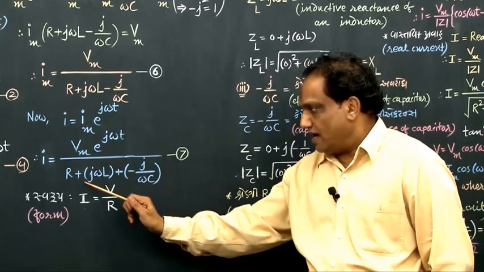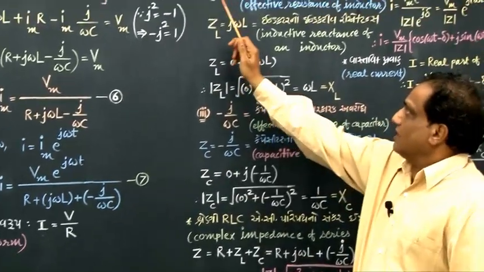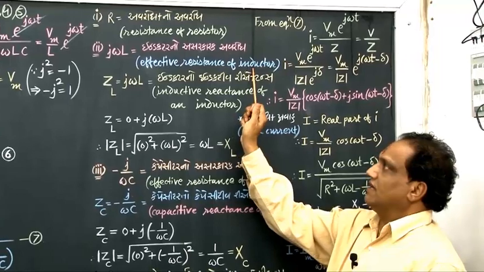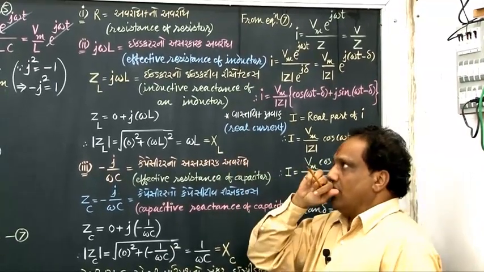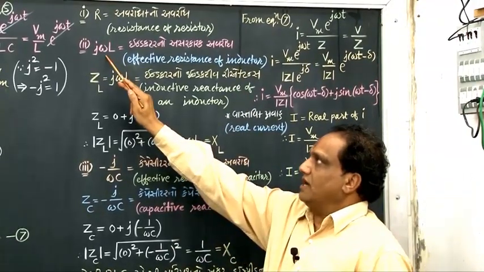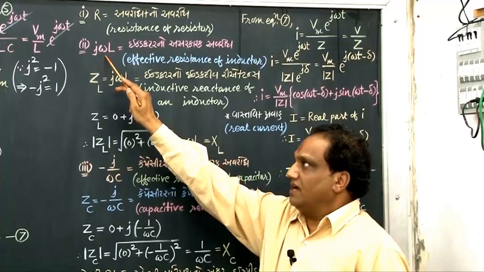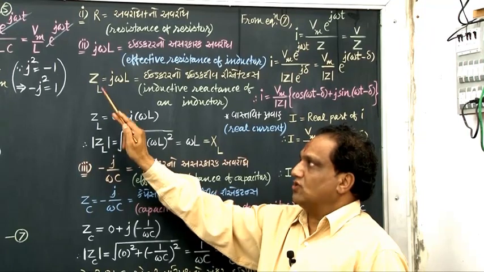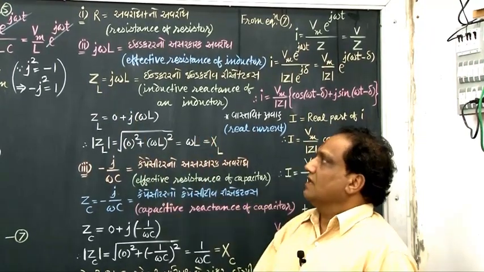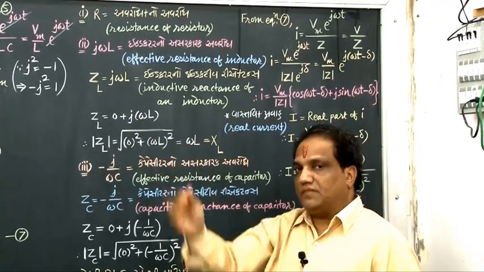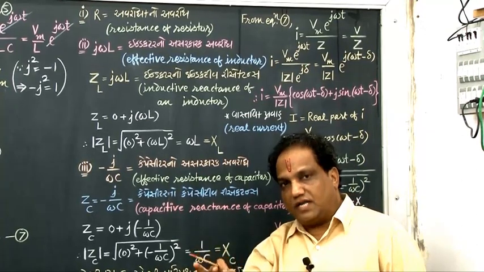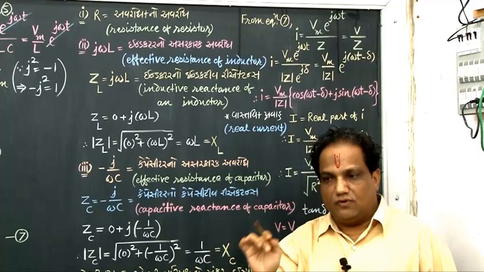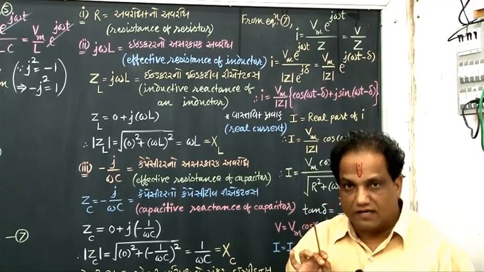We show it by the symbol ZL, where L you should write below Z. It is given another name: it is also called inductive reactance of an inductor.